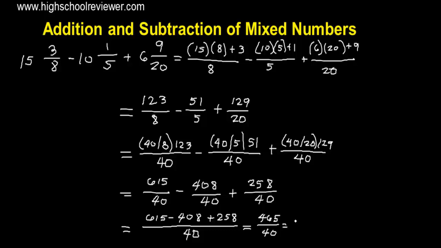This will be equal to 11, and then the denominator is 40, and our numerator is 25. Therefore, 15 and 3/8 minus 10 and 1/5 plus 6 and 9/20, that is equal to 11 and 25 over 40. Our final answer.